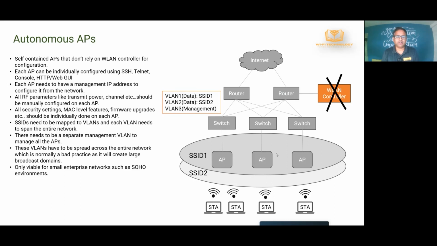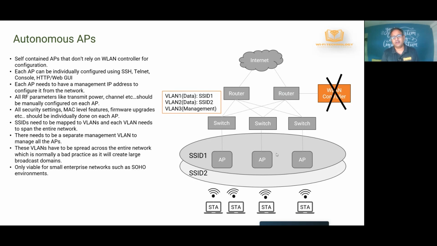Each AP is individually configured, which means that every AP needs to have its own management interface, its own management IP address. And if you put the AP on the network connected to a switch, the IT person should know the IP address of each autonomous AP, and then they will log into the AP either through SSH, Telnet, or HTTP web UI interface, and then they can configure each access point individually.